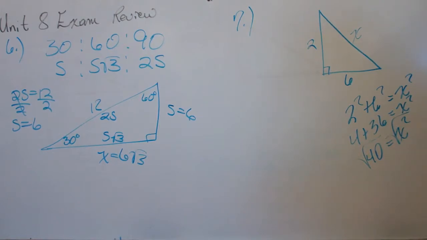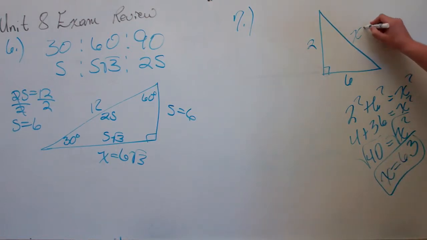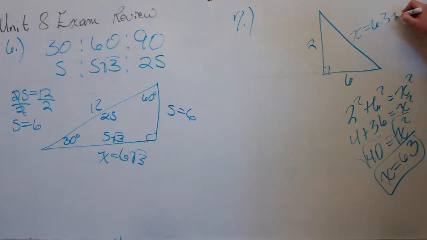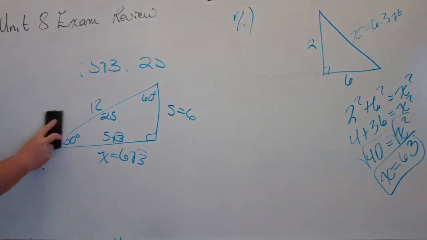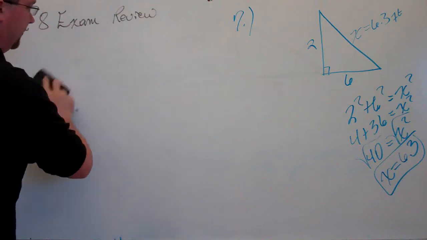And because it says to the nearest tenth, our ramp is going to be 6.3 feet long. Alright? So that's how you do that. Again, you just set up a triangle and use the Pythagorean Theorem to figure out the length of the ramp. Alright, number 8.